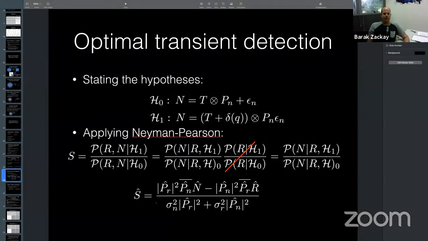So here let's look at what's happening in this solution. You have the new image, and it is multiplied in Fourier space by the reverse of the kernel of its own point spread function. So you are match filtering it, okay? And then you multiply by PR squared, and you do something symmetric to R. So you match filter R, and then you multiply by Pn squared.